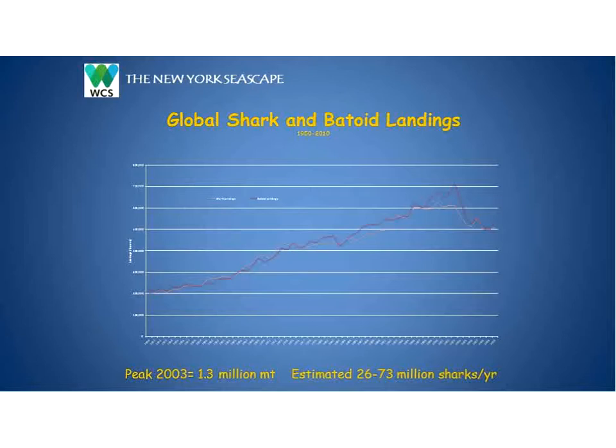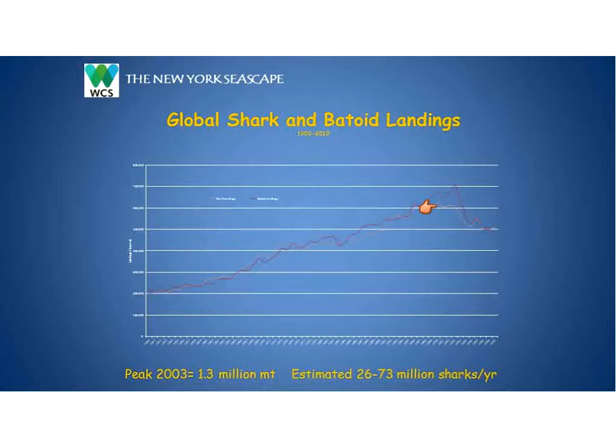Some of my graphs did not reproduce really well, but if you take a look at this one, you'll see this depicts the global landings of sharks and rays in commercial fisheries going back to the 1950s. And the peak that you see here is 2003, where there was almost 1.3 million metric tons, or approximately between 26 and 73 million sharks killed every year for the shark fin soup trade.